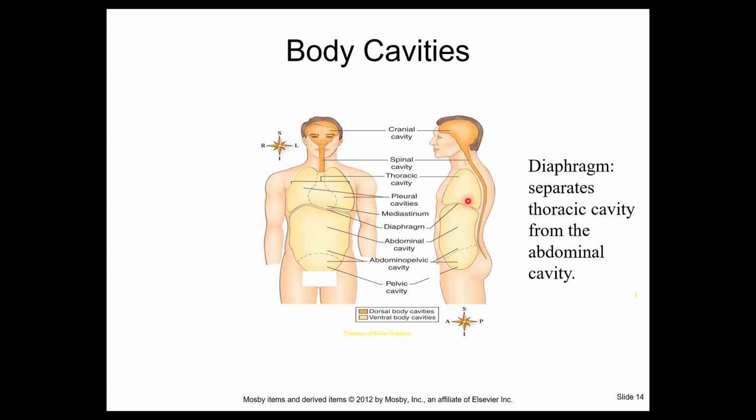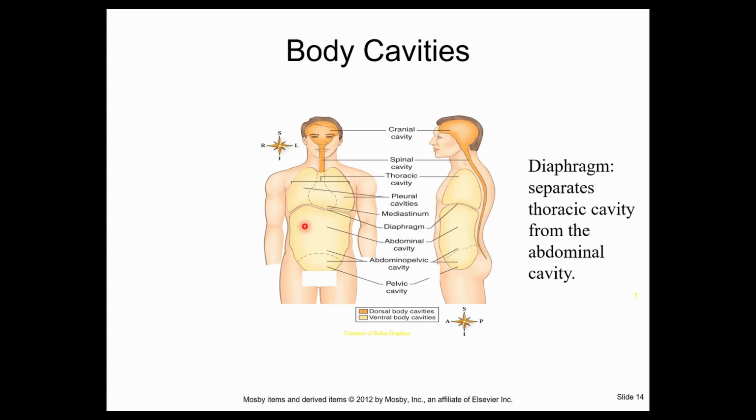It consists of the thoracic cavity and the abdominopelvic cavity. The thoracic cavity is further divided into 2 pleural cavities and the mediastinum. The mediastinum contains the heart, and a pleural cavity contains a lung, so you have right and left pleural cavities.